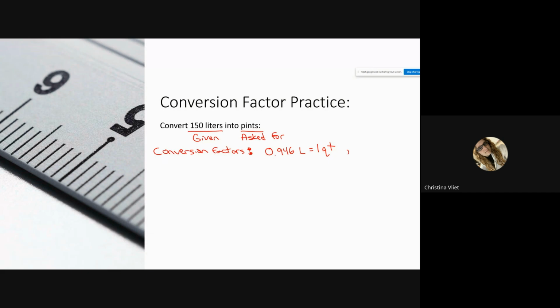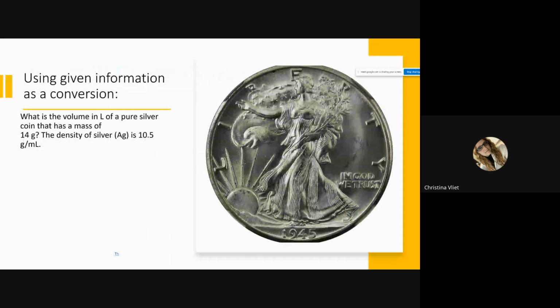Quarts turn to pints. You have 1 quart equals 2 pints. So this already tells you you need a total of 2 conversion factors to make this happen. We're going from liters to pints. So this was step 1. Step 2 is your pathway. We're starting at liters. We're ending at pints.